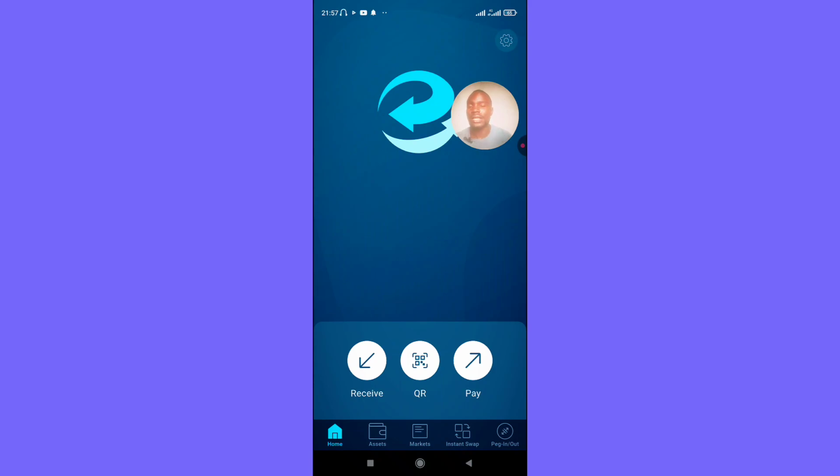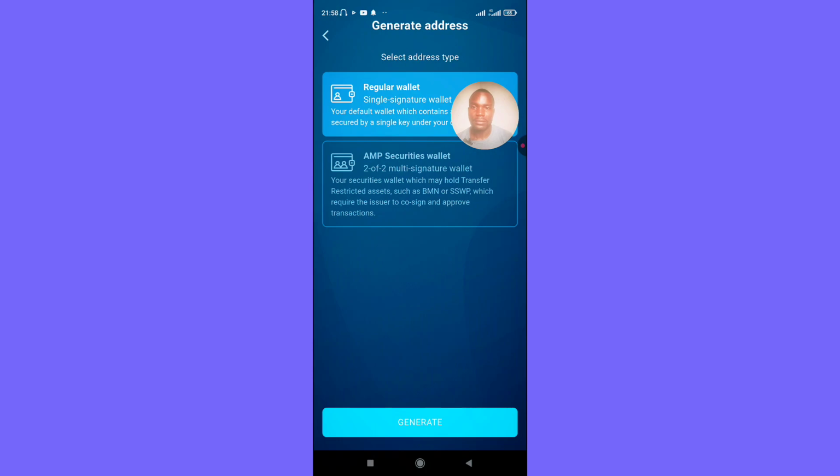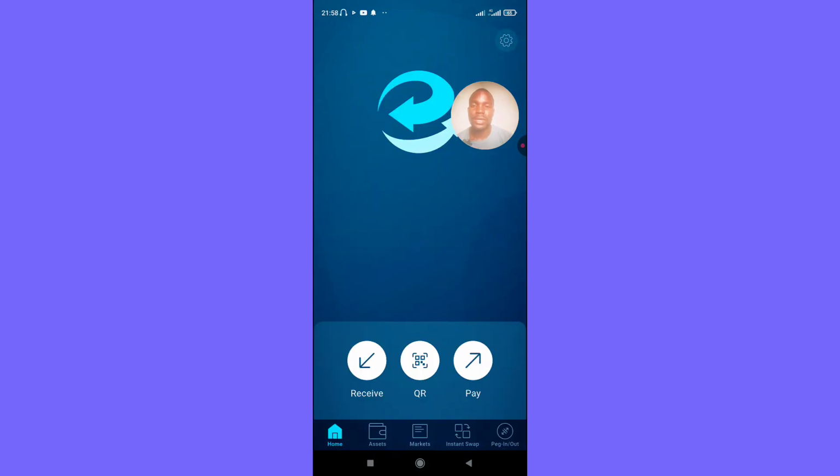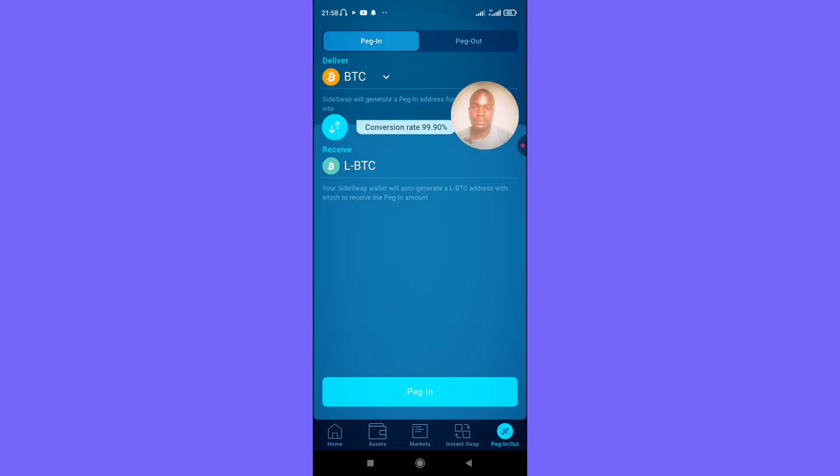So in case you had liquid Bitcoin on a wallet like Aqua, you can directly send that liquid Bitcoin into this address using the receive feature here. But because I have Bitcoin L1, the mainnet one, I need to use this peg in, peg out feature. So under the peg in, peg out, when you click on peg in, it means you are transferring your L1 Bitcoin into liquid Bitcoin.